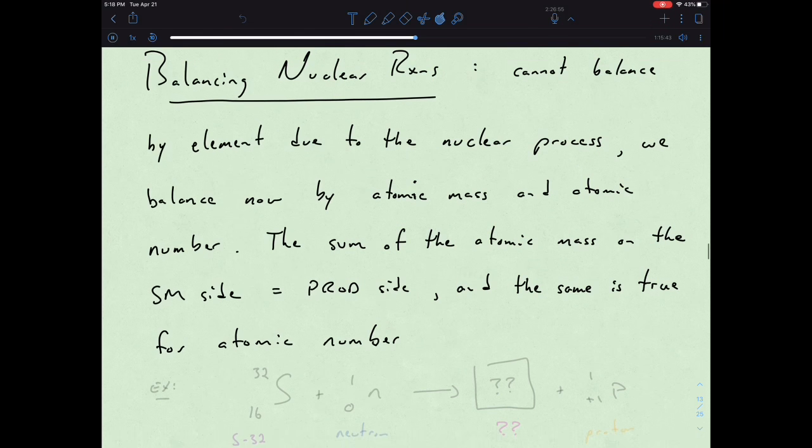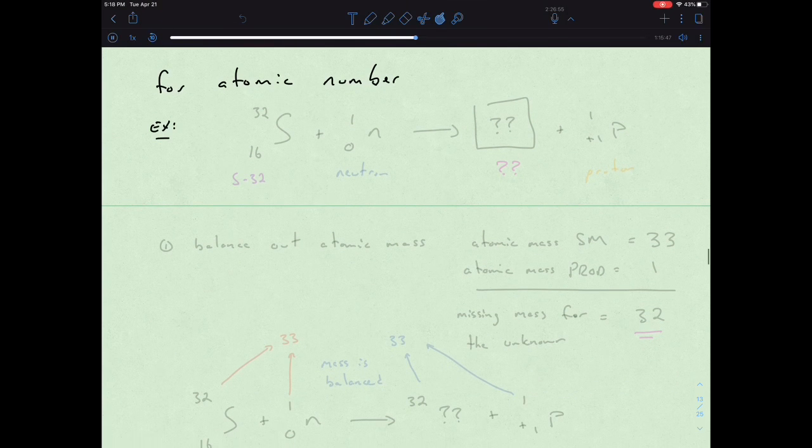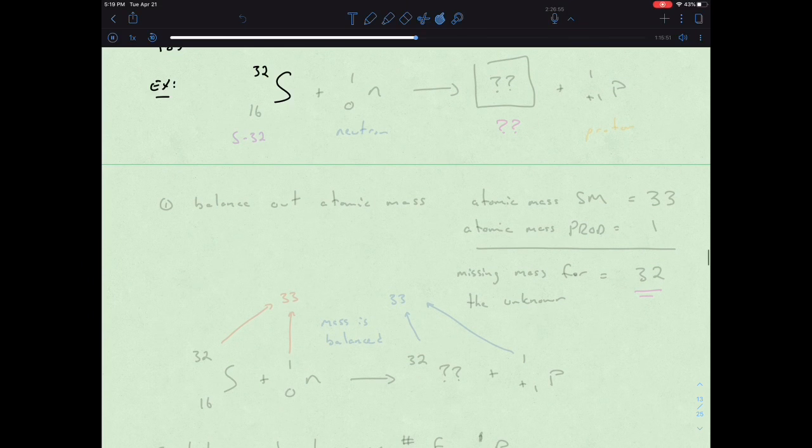So let's look at an example here of taking sulfur 32 and hitting it with a neutron to produce something as well as a proton.